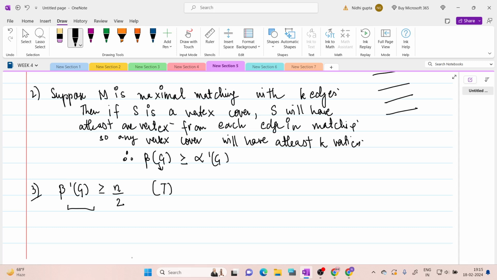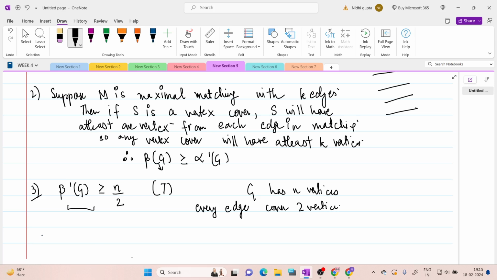So why it is true is basically, if G has n vertices, every edge covers two vertices, right?